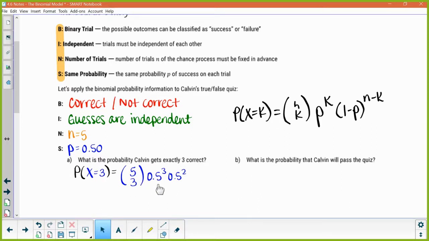We have his probability of success of 0.5 raised to the power of 3, because that's the number of successes I want. Probability of failure, which is also 0.5 raised to a power of 2, because 5 minus 3 is 2. One thing that you can always do to check with this formula is these 2 exponents should add to be your number of trials. 3 plus 2, my 5 trials.